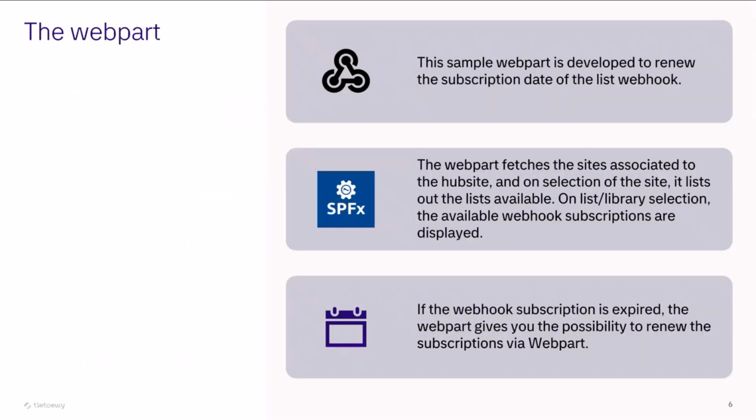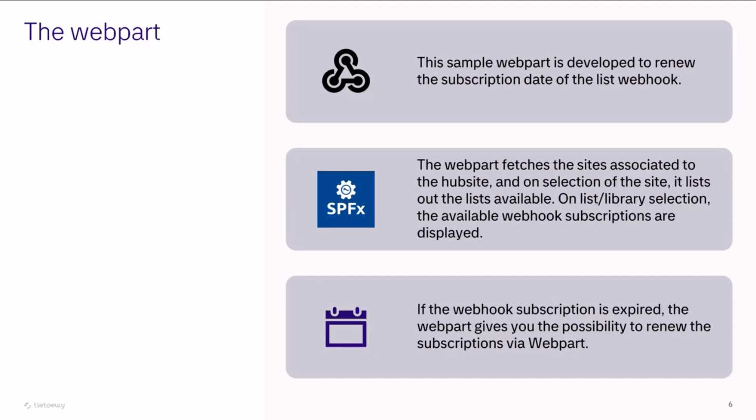This web part sample is developed to renew the subscription date of the list webhooks. A simple one. The idea of this web part was that I have set this web part at hub level, assuming that I can fetch all the sites which are associated to the hub, and it lists the sites as well as the lists which are available.